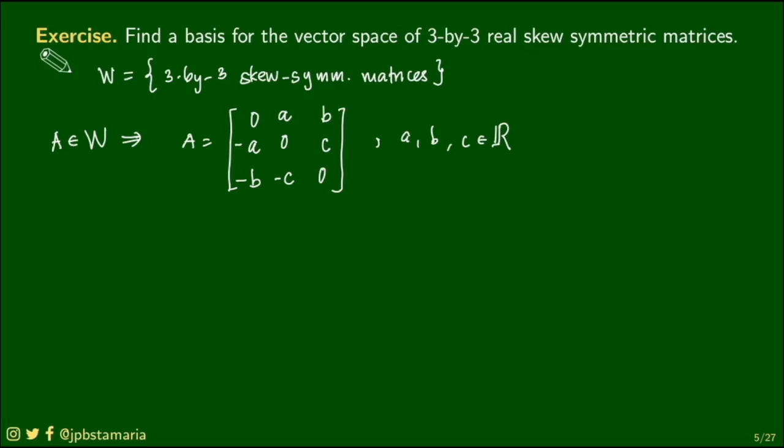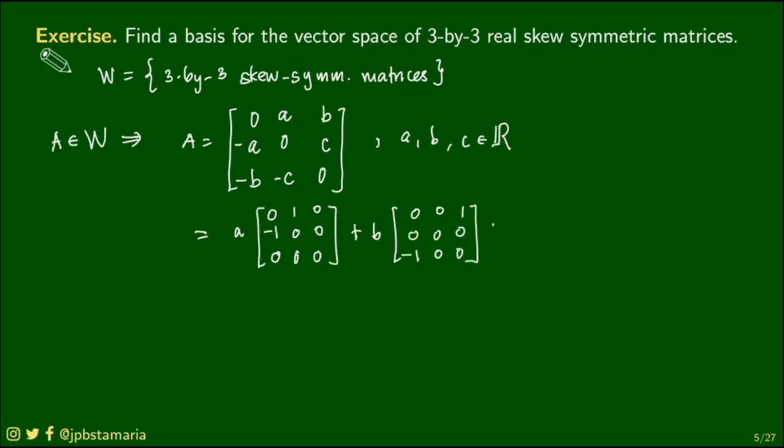Take note that we may express this as a times the matrix with rows 0, 1, 0; minus 1, 0, 0; and all zeros, plus b times the matrix 0, 0, 1; 0, 0, 0; minus 1, 0, 0, plus c times the matrix 0, 0, 0; 0, 0, 1; 0, minus 1, 0.